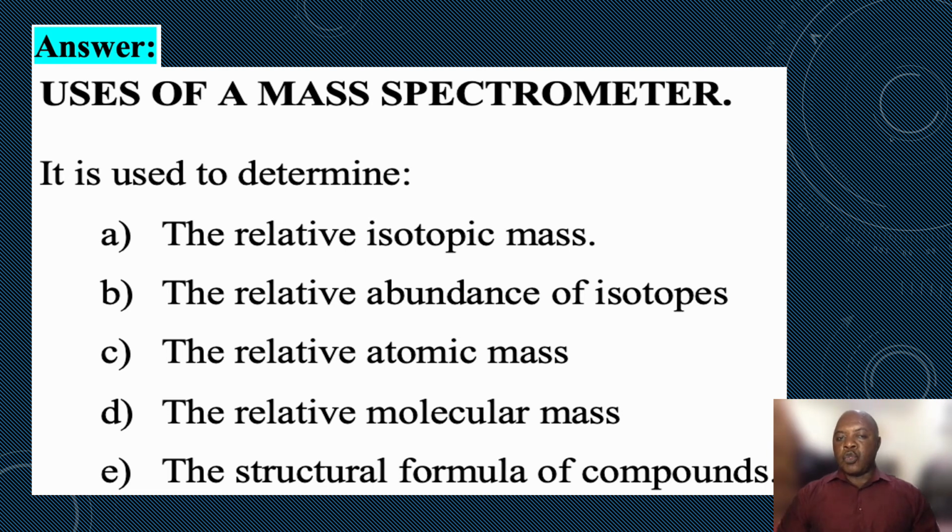It is used to determine the relative abundance of isotopes. It is used to determine the relative atomic mass. It is used to determine the relative molecular mass. And it is also used to determine the structure of compounds. The structures of compounds are determined by the mass spectrometer.